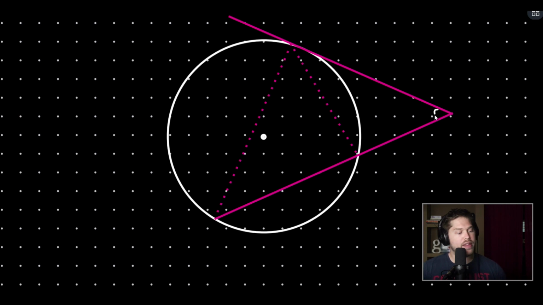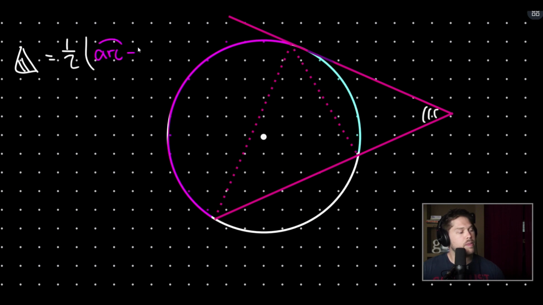So we know that this white angle is going to be equal to, here let's mark these arc measures, 1/2 times our purple arc minus our blue arc. And I'll leave that as an exercise to you to solve.